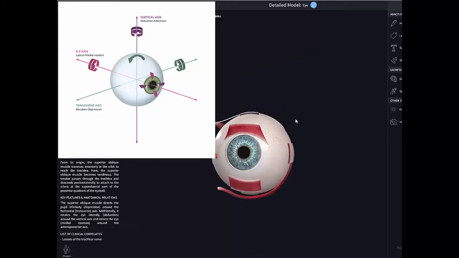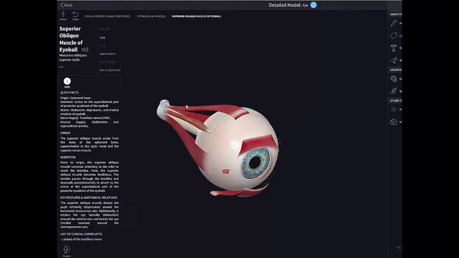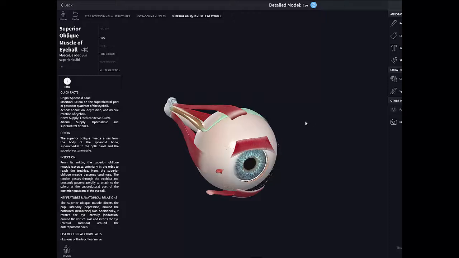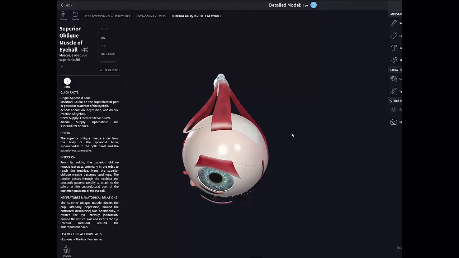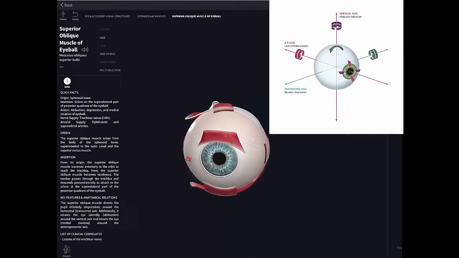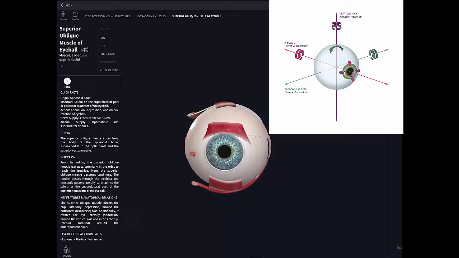It is innervated by the trochlear nerve, and if you now imagine that this muscle will pull, it's actually going to be pulling in this direction. So medially, it's as if it's rolling the eyeball towards the midline. Well, that motion is called intorsion. Okay.